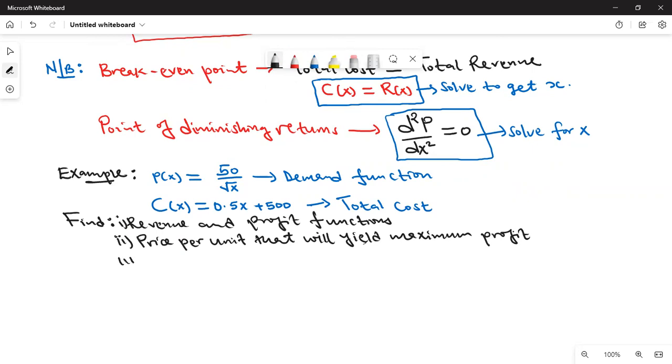You also need to find the break-even point, and the point of diminishing returns.